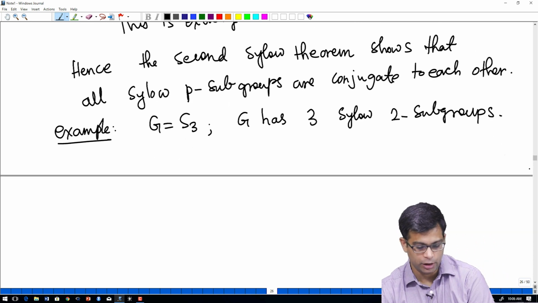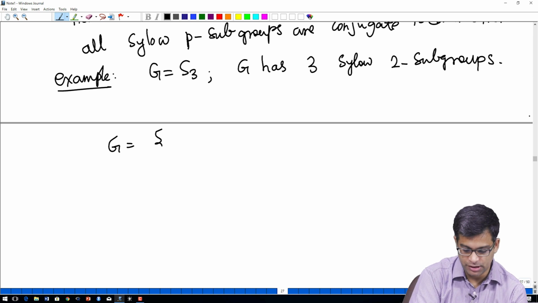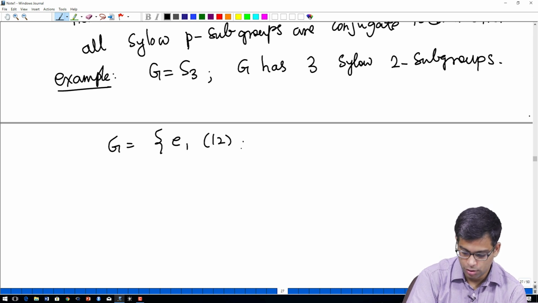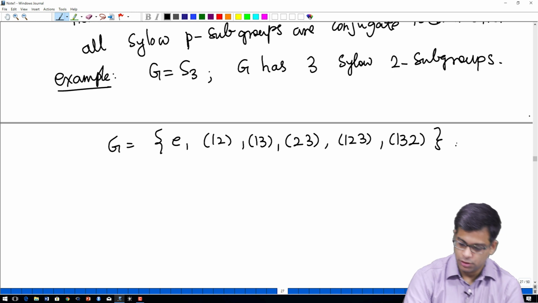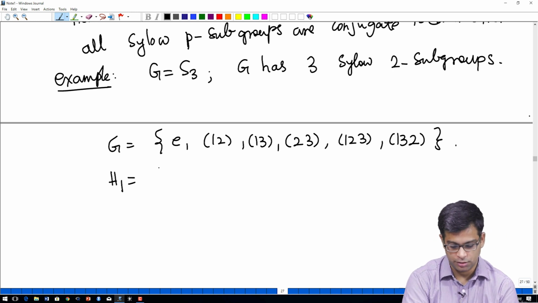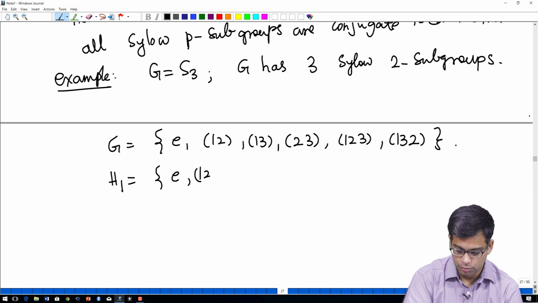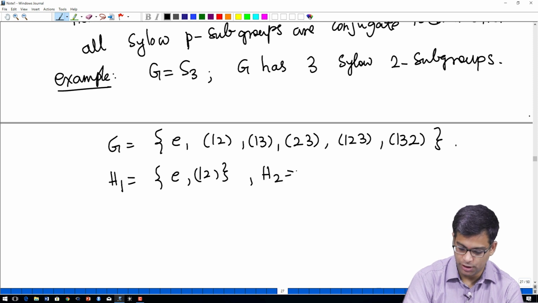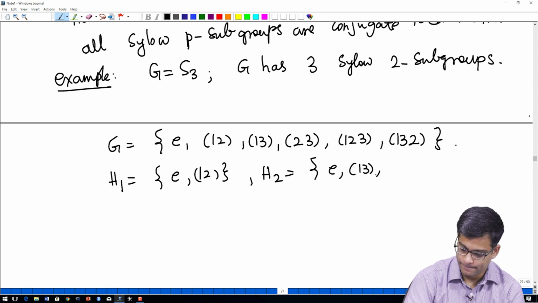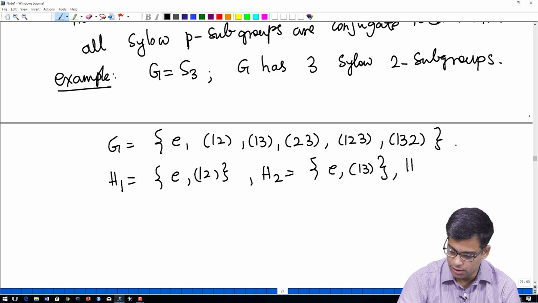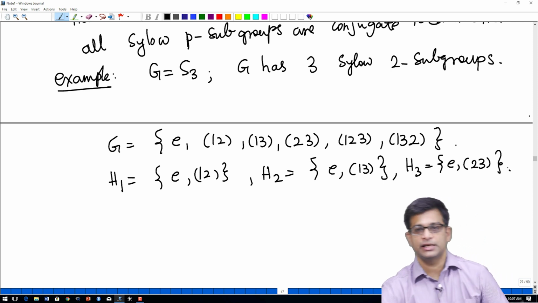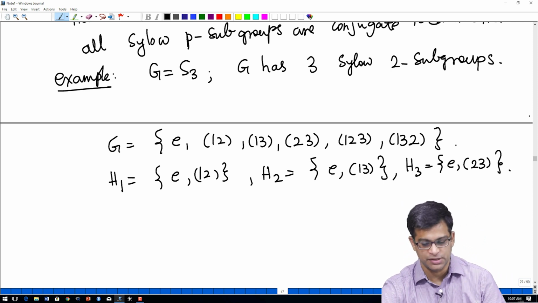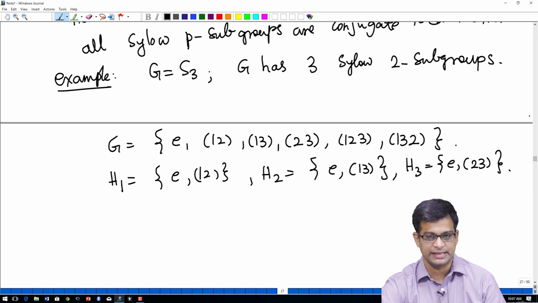Okay, so, if you use the cycle notation for S3, remember, it is e, (12), (13), (23), (123), (132), and the Sylow 2-subgroups are H1 = {e, (12)}, H2 = {e, (13)}, and H3 = {e, (23)}. These are the Sylow 2-subgroups, because remember, Sylow 2-subgroups must have order 2, because 6 is 2 times 3.